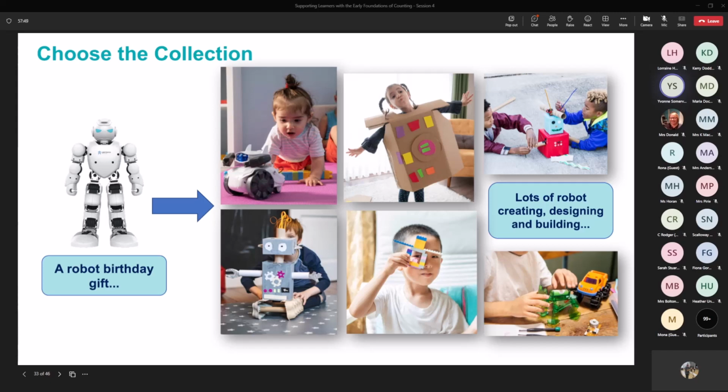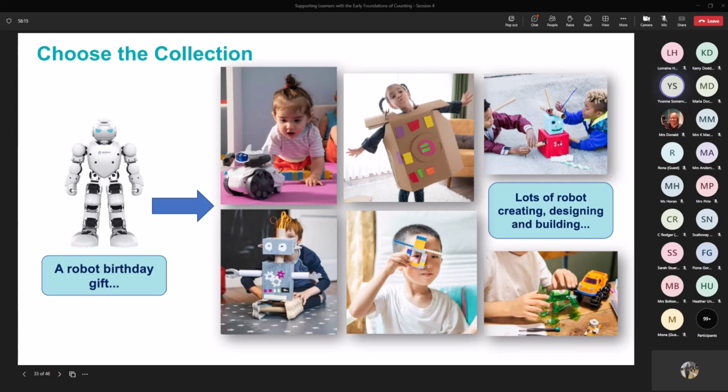Robots being made from construction items, from craft items, even examples of children turning themselves into robots using cardboard, which was very exciting. Lots of different things that we saw, moving parts, wheels, and actually even managed to borrow the STEM kit from the school to have a go at programming some very simple flashing light sequences, which the children enjoyed exploring.